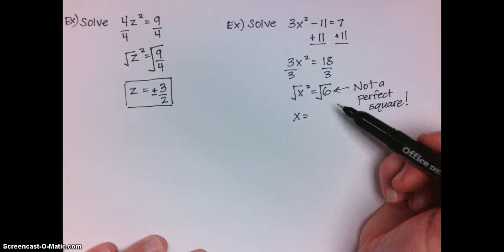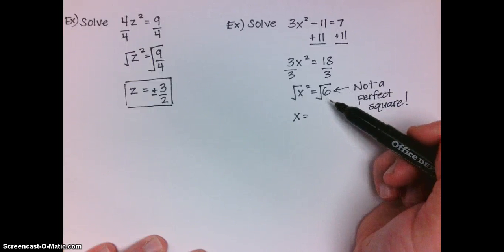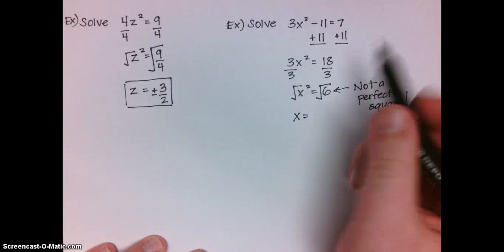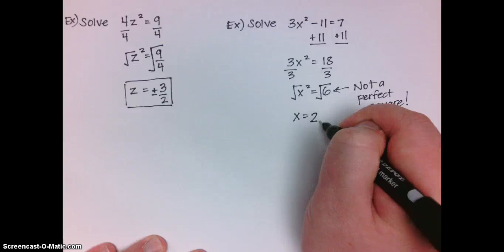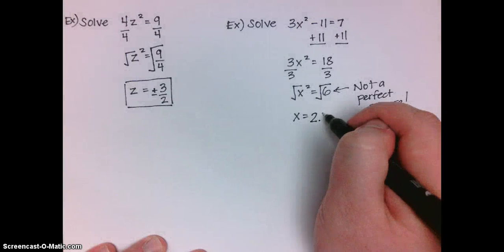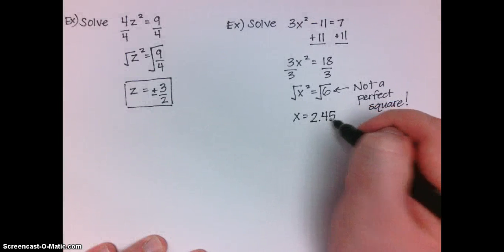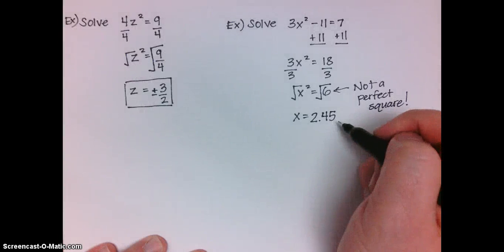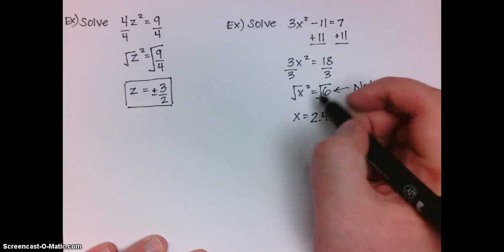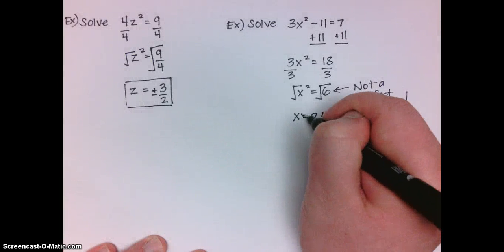And so what we're going to do in instances like this is we are going to just round for an estimated number. In this case, we're going to round to the nearest hundredth. So it's going to be 2.45. All right, 2 and 45 hundredths, which means it's going to be pretty close to that. So it's not going to be equal to it.